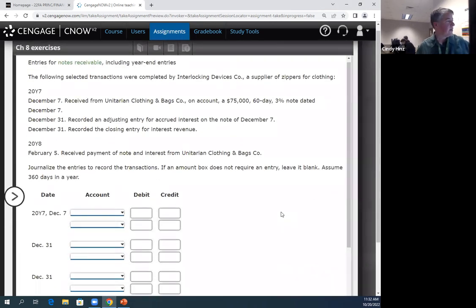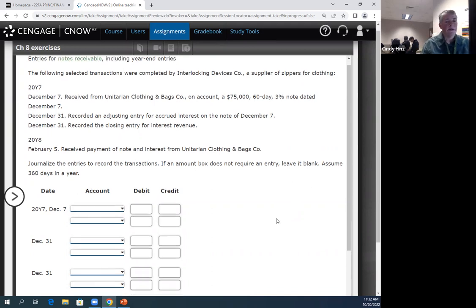So now we know how to calculate due dates. We know all of the ins and outs of promissory notes, at least from the receivable side. So in our next exercise, exercise 9, we're going to look at how do we record these transactions for notes receivable.